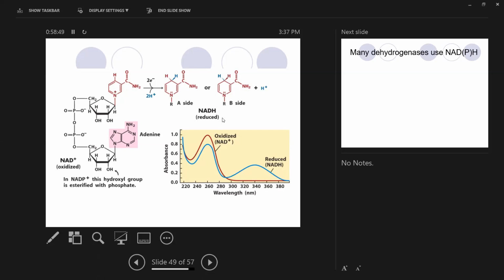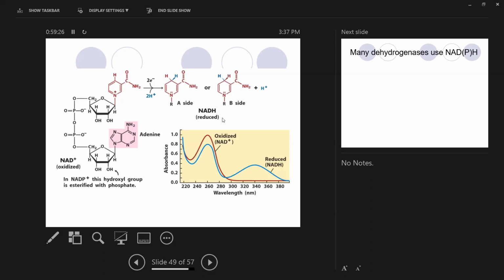Well, 3 things. One, NAD and NADP, when they are reduced, have a distinct change in their absorption at 340 and 320 and so on. This means that if you want to do some sort of enzymatic assay, the production of NADH can be very easily measured by looking at its absorption at 340.